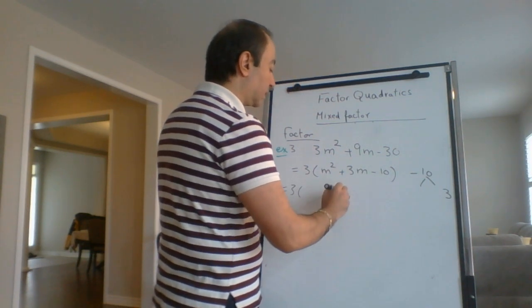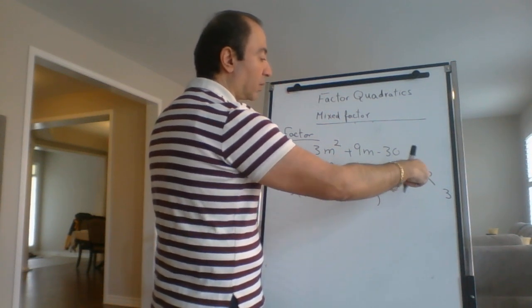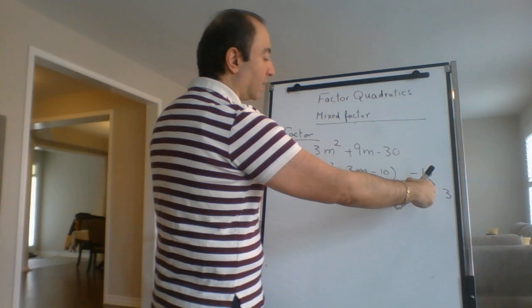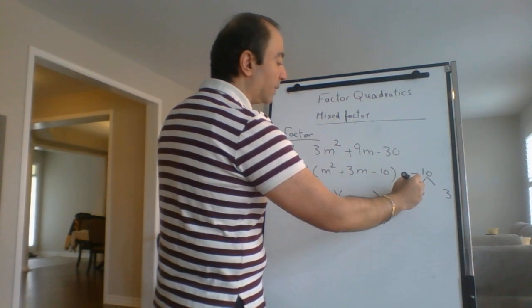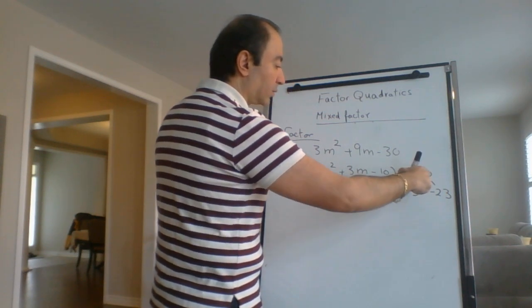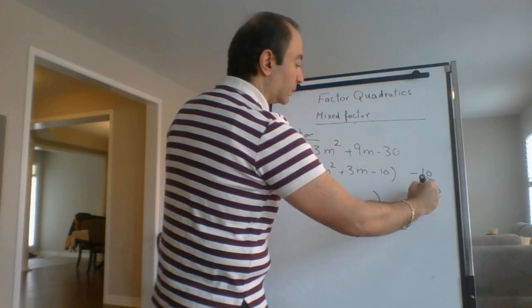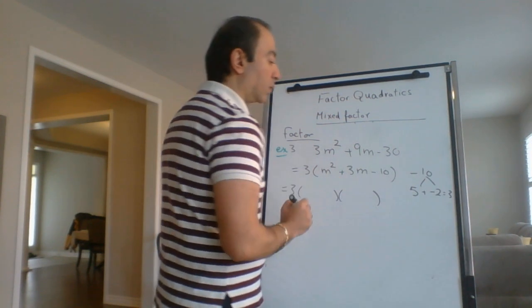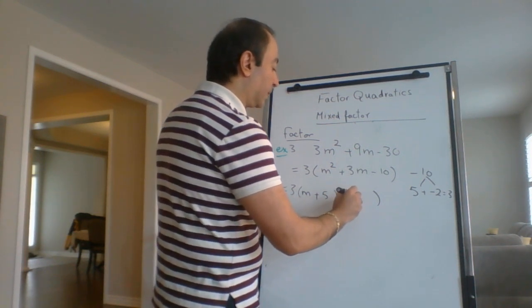If you don't know, make all the possibilities, negative 10 and 1, negative 1 and 10, until you find it. But it will be positive 5 and negative 2. Those multiply to negative 10 and add to positive 3. Okay, so (m plus 5)(m minus 2).